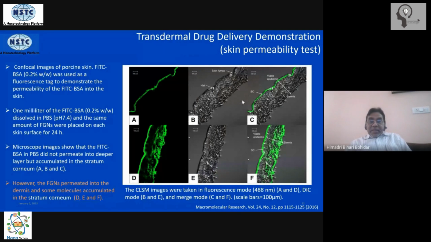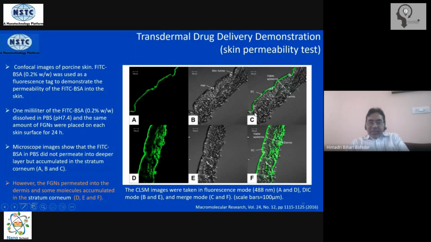Now you see how the transdermal drug delivery works in this case. So it's basically a skin permeability test. In the top panel, you see A, B, and C. This is the drug delivery or the BSA delivery to the system, FITC BSA conjugate only. No nanogel was used here. So you see, it's only sitting on the surface.